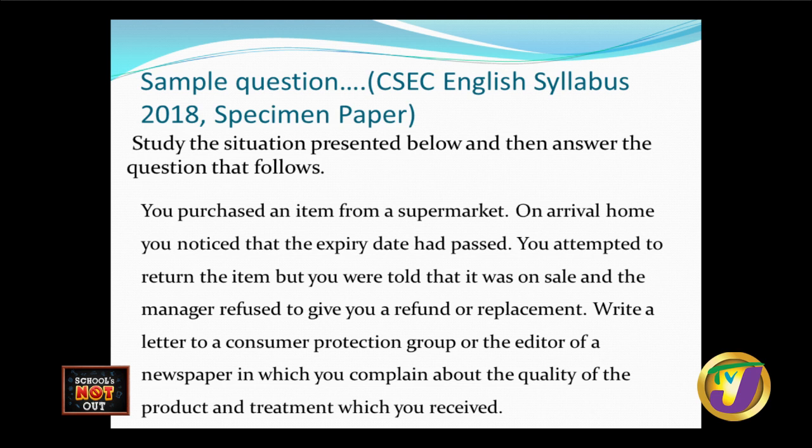On arrival home, you noticed that the expiry date had passed. You attempted to return the item, but you were told that it was on sale and the manager refused to give you a refund or replacement. Write a letter to a consumer protection group or the editor of a newspaper in which you complain about the quality of the product and treatment you received.